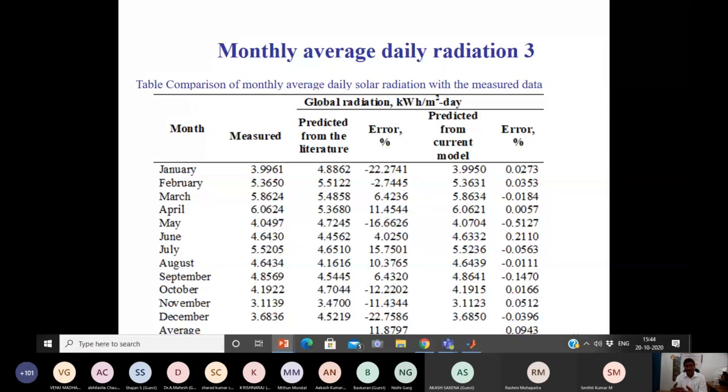But to prescribe any mathematical model to predict any solar radiation, maybe instantaneous radiation or monthly radiation, at least 10 years of data we have to select. If you select 10 years of data, the error value will change, but because of the greater number of coefficients compared to the existing model, the accuracy will increase.